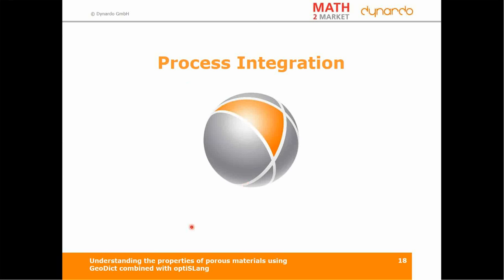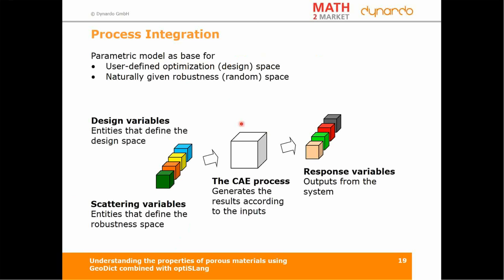So we want to go on with the process integration. And first of all, what's the idea of that process integration? We have a CAE process, this computer-aided engineering process with GeoDict. And now we say, okay, this process is a white box for optiSLang because you as an engineer understand completely what GeoDict is doing here.